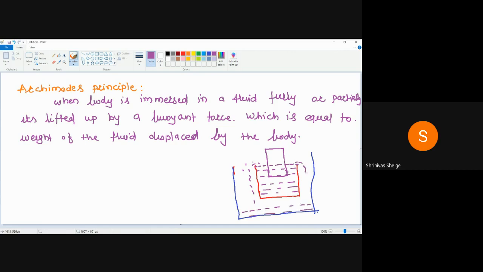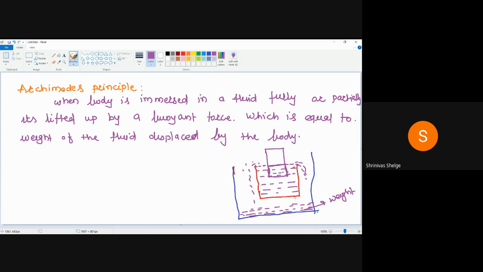So this much volume is immersed in the fluid, and obviously the same amount of volume gets displaced, and suppose the same volume of that fluid I have collected here in this another tank. And the weight of this fluid is nothing but what? Weight is gravitational force. Weight is force actually. So when we measure the weight of this fluid, that weight is nothing but the buoyant force.